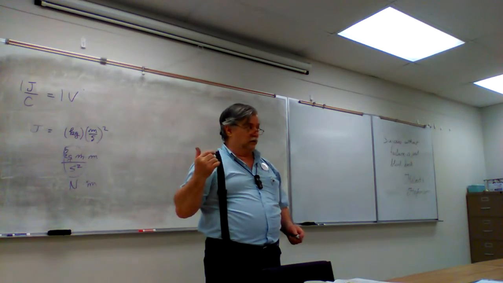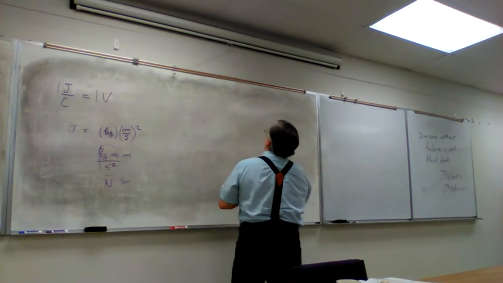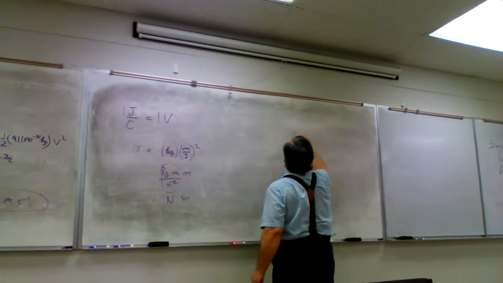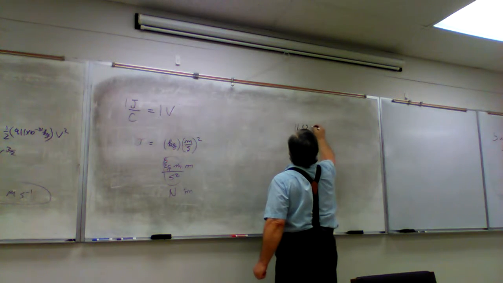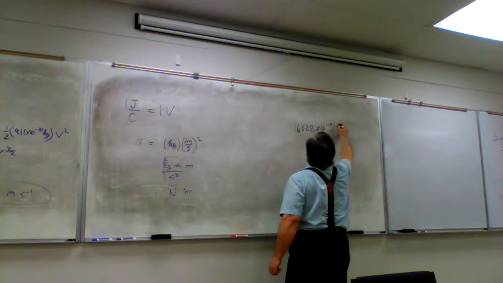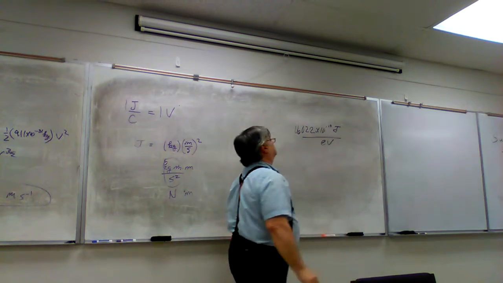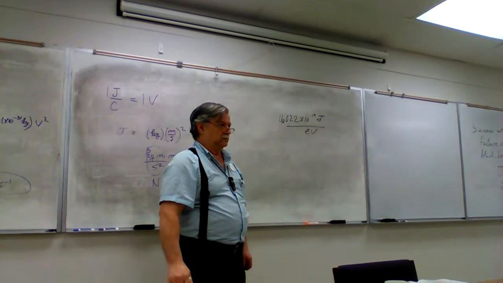EV units. What makes it work is the conversion of 1.6022 times 10 to the minus 19 joules per EV. Okay?